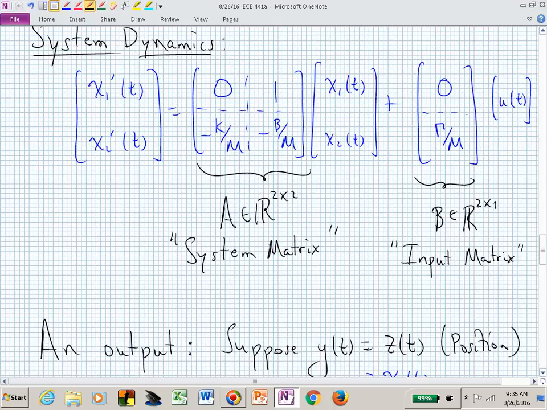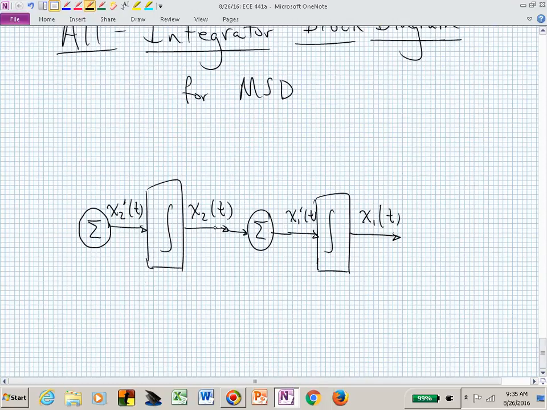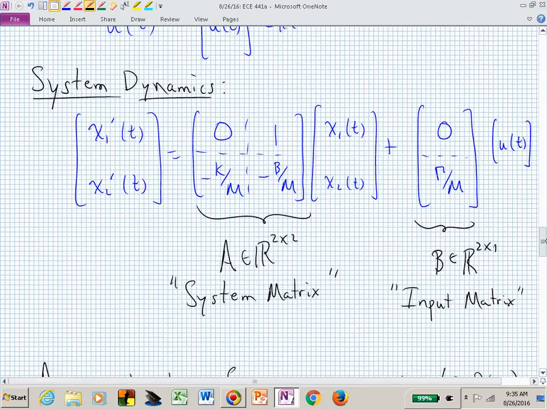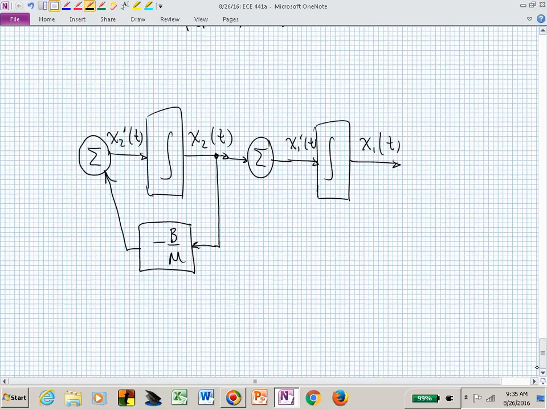And I have x2 sitting here in my block diagram, so I can pull that off, scale it by minus b over m, and make that be part of my x2 prime equation. So now everything going into that summing junction has to create x2 prime. x2 prime also has a piece that involves x1, and that's minus k over m. I come down to my block diagram. Oh, here's x1. I scale it.